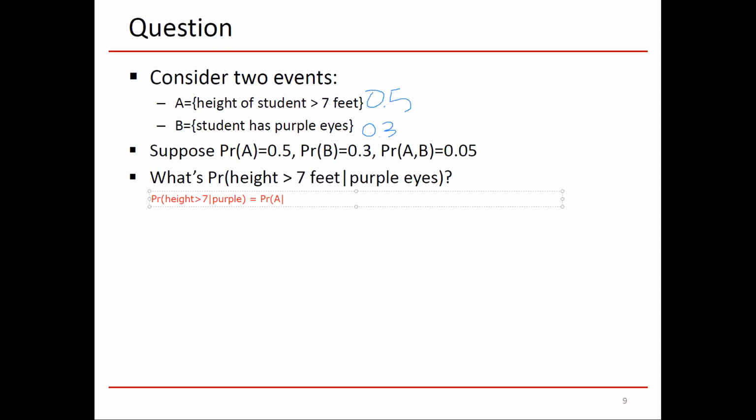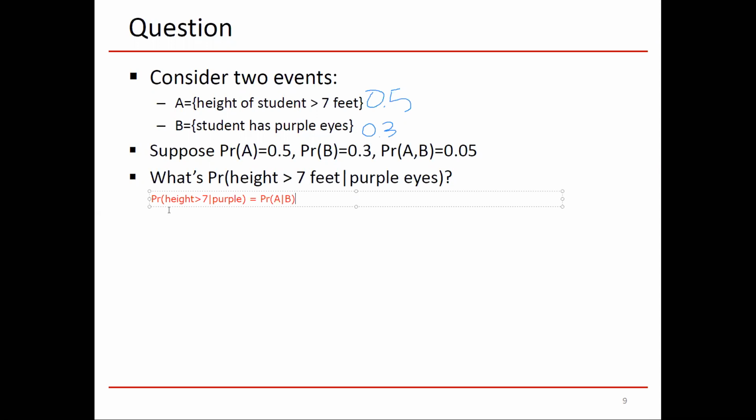Student having purple eyes is B. By the way, I said before that oftentimes I just make up examples. So obviously the example of purple eyes is completely contrived, and we have very few students. I've never actually taught a single student with height greater than 7 feet, so that's obviously very rare. So these are kind of made up examples, okay?